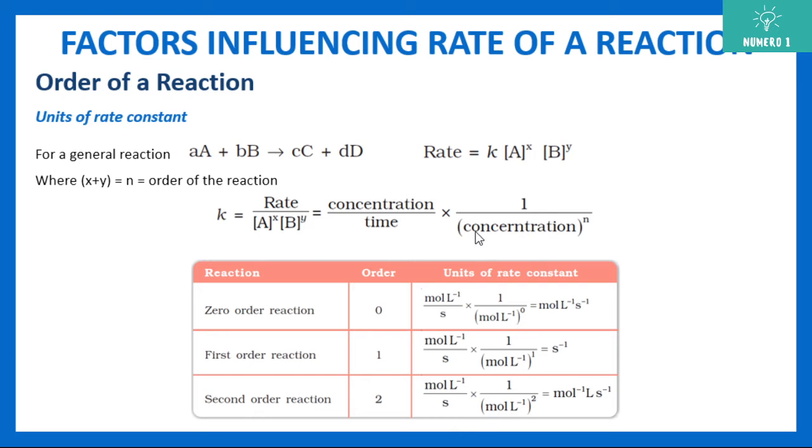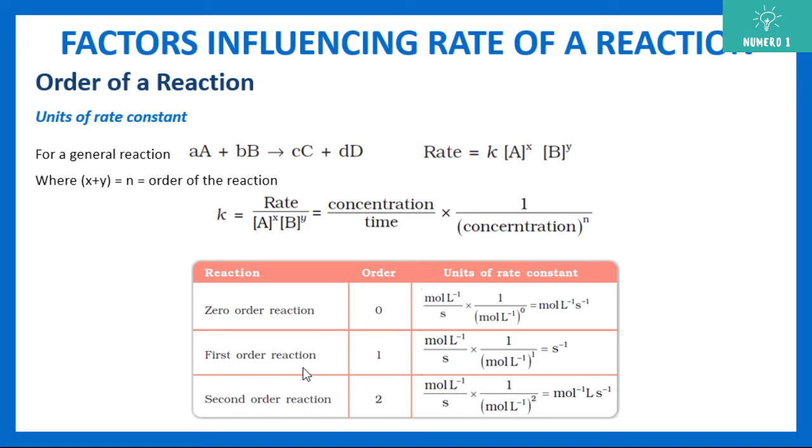So that is concentration raised to power n. Now we are looking at a zero order reaction. That means order is 0. So if order is 0, this power will be 0. The unit of k will be simply concentration divided by time.